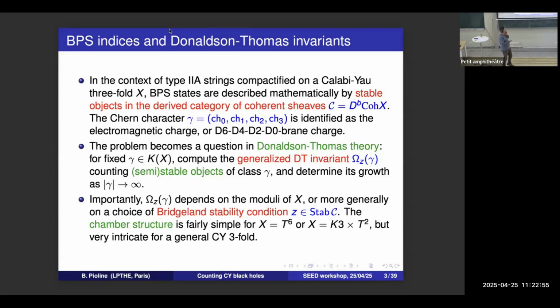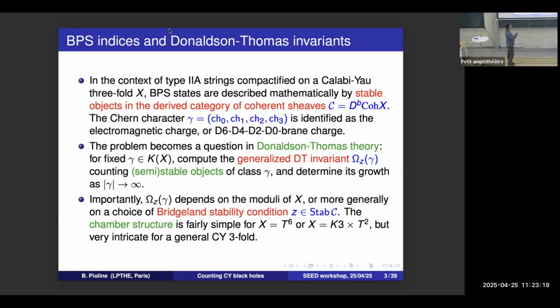So we want to see what string theory tells us about it. So it's important that this counting problem depends on the moduli of the internal space. Of course, you're counting integers, so it will only jump by integers, but on some discrete loci, generally some real codimension 1 loci. But in general, it will be chamber dependent.